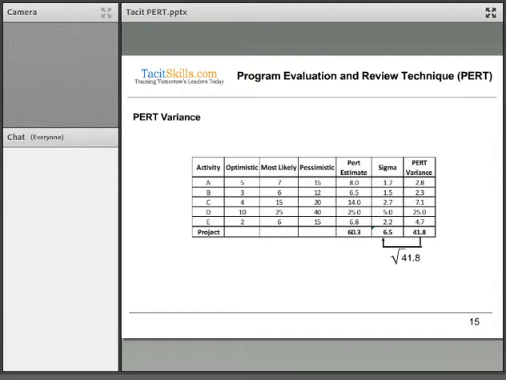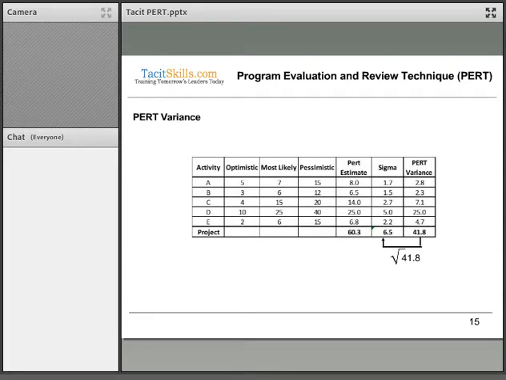So to use the other, more realistic formula, we would say the PERT variance, in other words, 1.7 times 1.7 gives me 2.8. 1.5 times 1.5 gives me 2.3. For C, the PERT variance will work out to 7.1. D, 5 times 5, obviously 25.